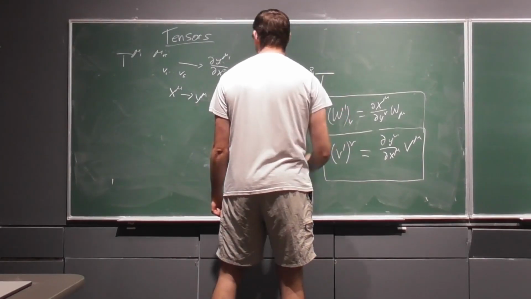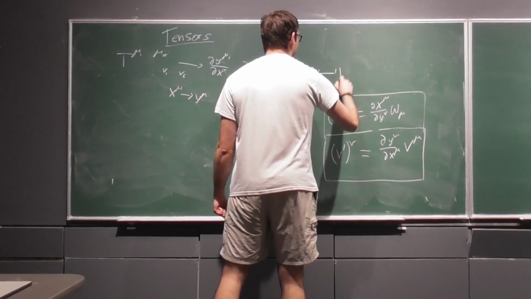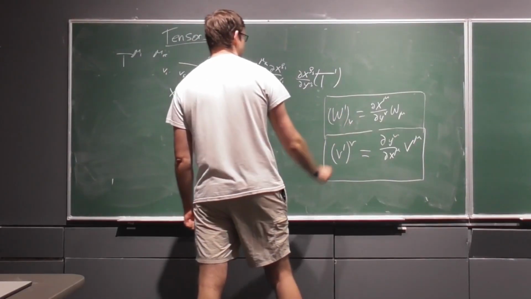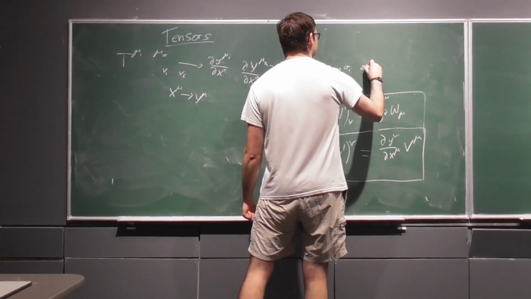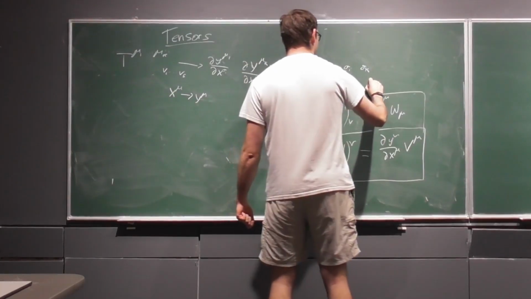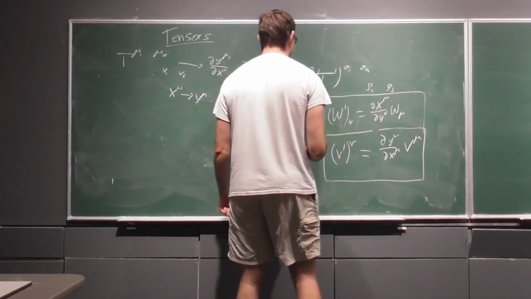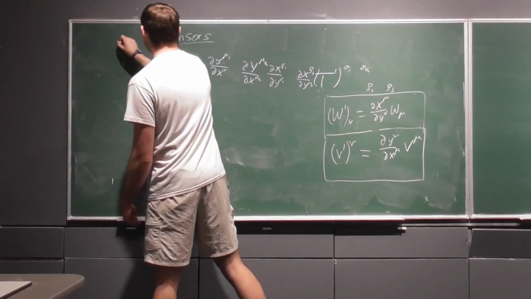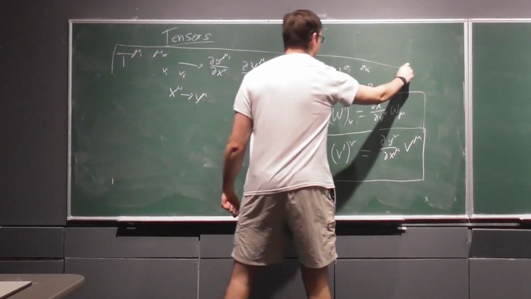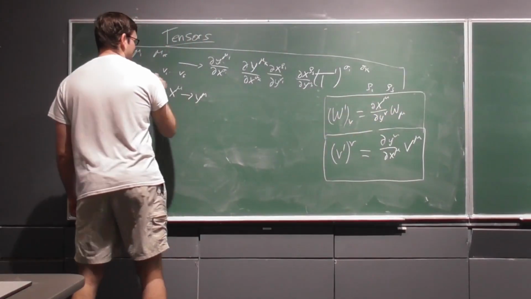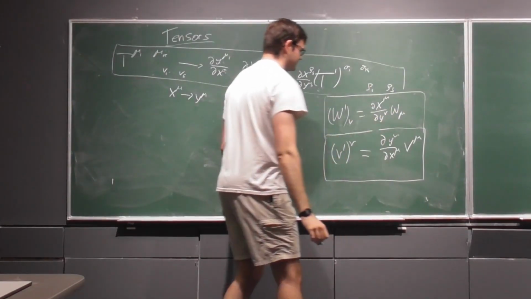Okay, and then that's multiplying our new tensor T prime, which will have indices mu 1 up to mu k and nu 1 up to nu s. Okay, very messy. But that is our definition of tensors.